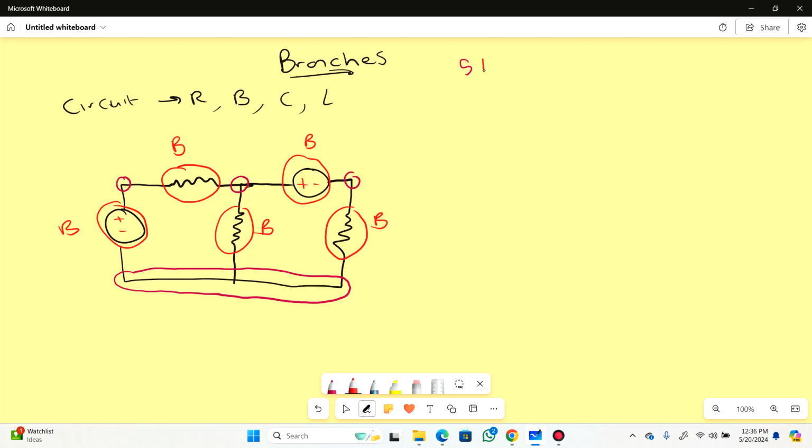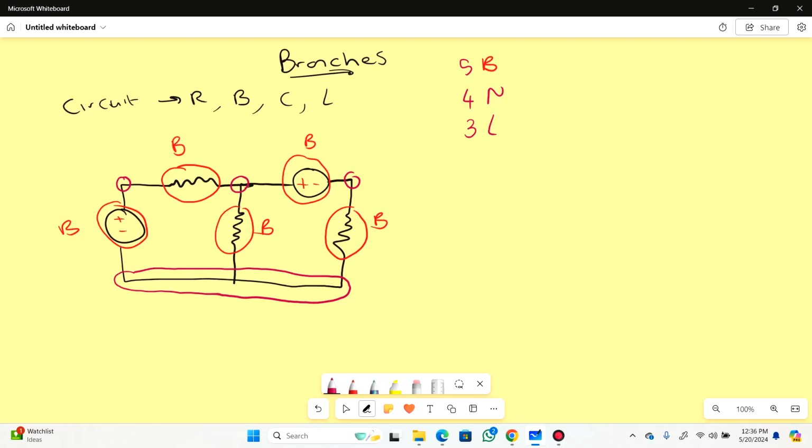So we have 5 branches, 4 nodes, and 3 loops. Then there's what we call an independent loop.